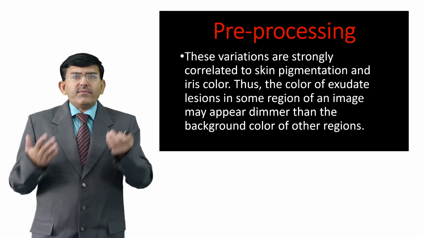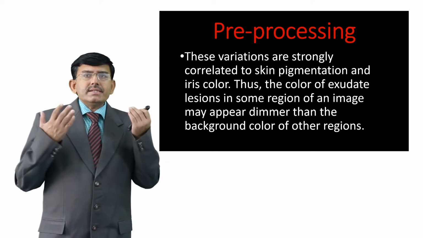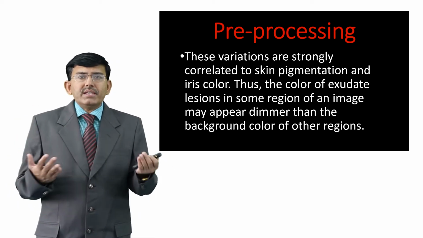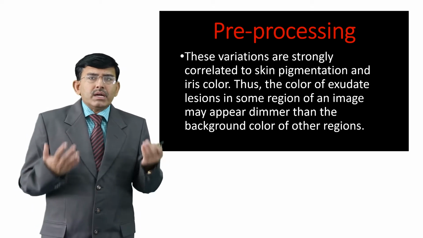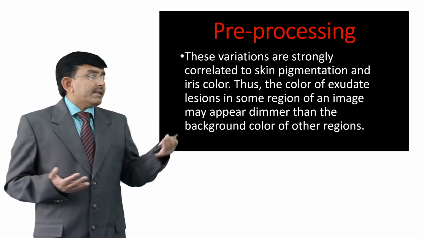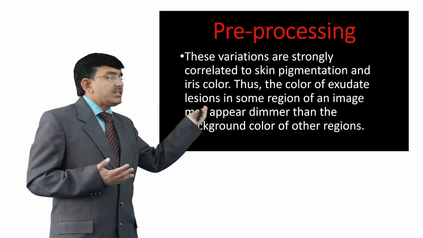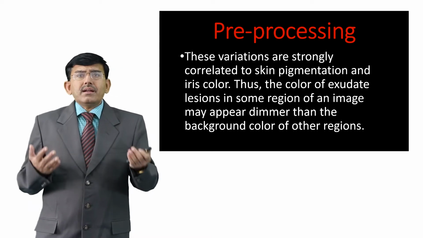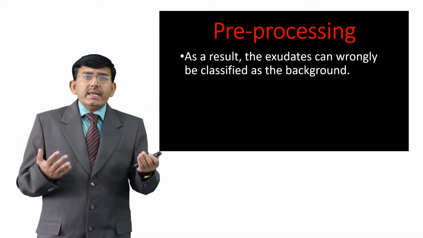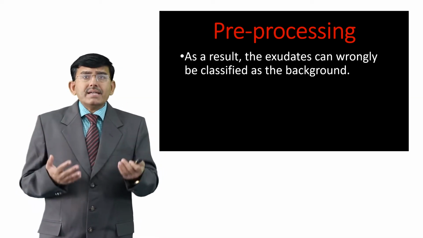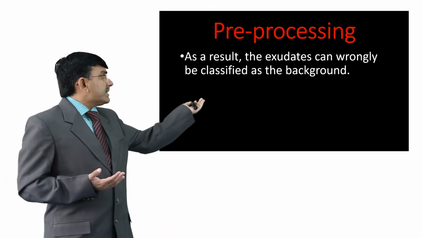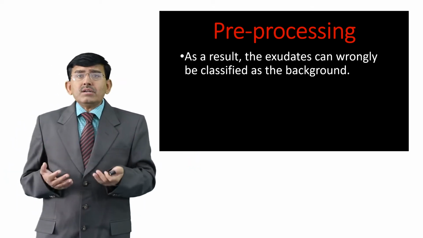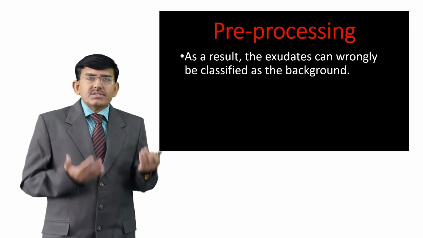Thus, the color of exudate lesions in some regions of an image may appear dimmer than the background color of other regions of the image. As a result, the exudates can wrongly be classified as the background of the image. This was a major limitation of current work performed by researchers.